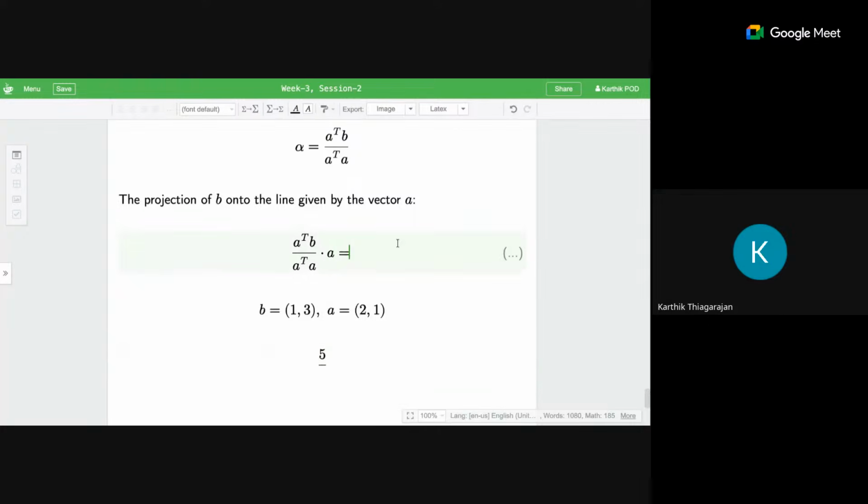It is also the same as A transpose B by norm A square. There are many ways to express this, and each one has its own utility. You can bring A by norm A inside, transpose that with B, and multiply with A by norm A. This is also a very popular way of writing it.